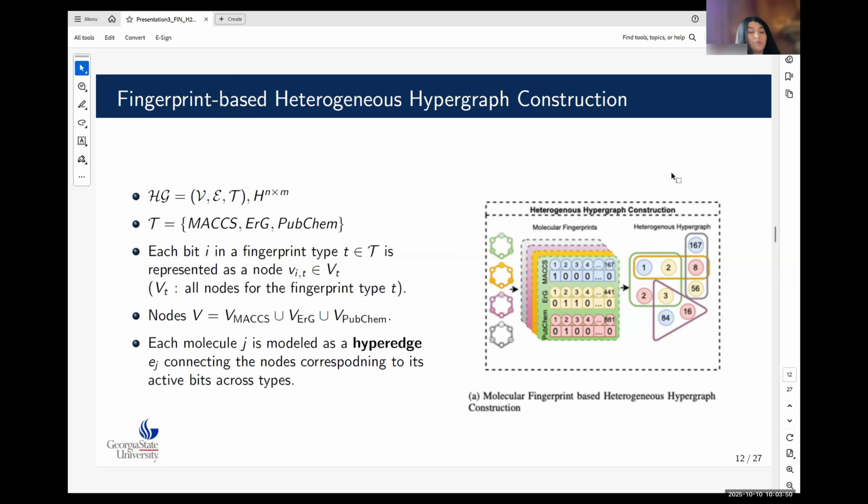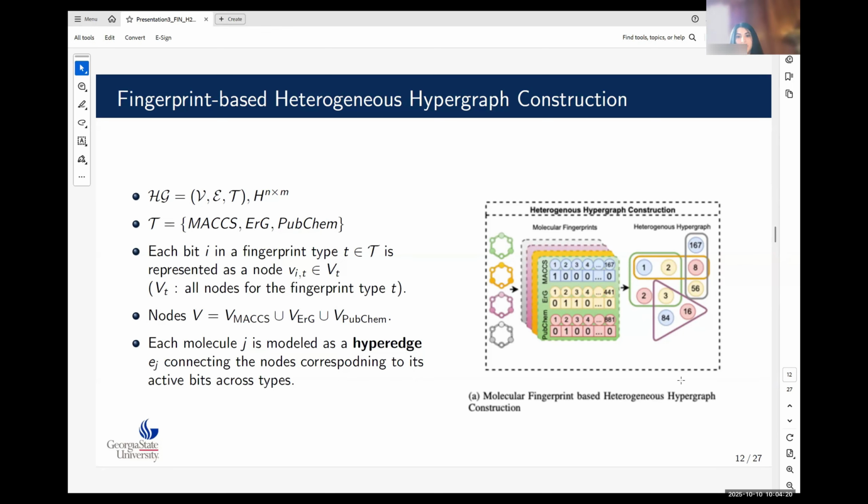Each fingerprint bit, which is a substructure, is represented as a node, here the circular ones, and the hyperedges represent the molecules. So if you see in the graph, the hyperedges are molecules, the circles are substructures, and you can see that it's capturing the relationship between the molecules, and it has the different substructure information.